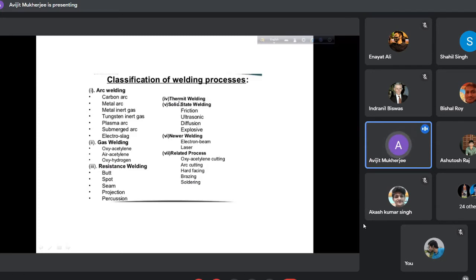Thermite, as we mentioned yesterday, utilizes a chemical reaction as the heat source, and may be either fusion or pressure. So these are various categorizations, but not all. There are so many other things.